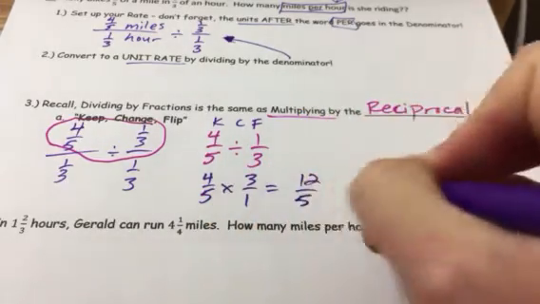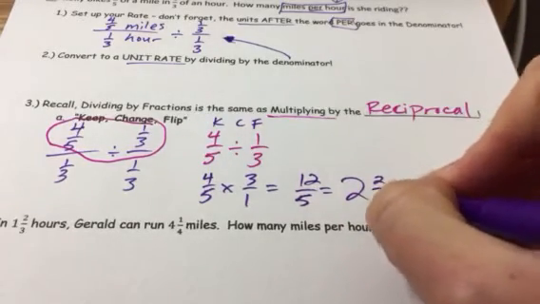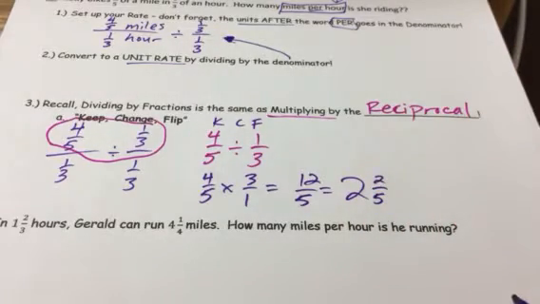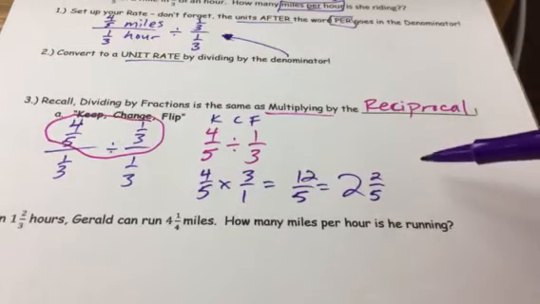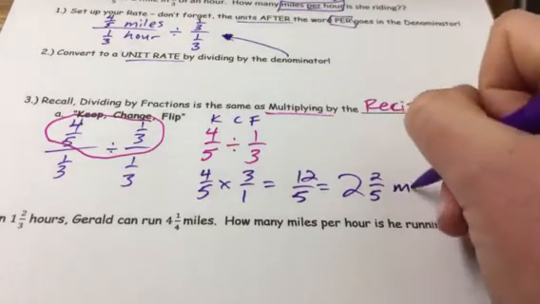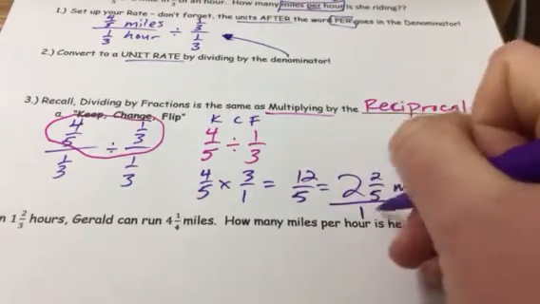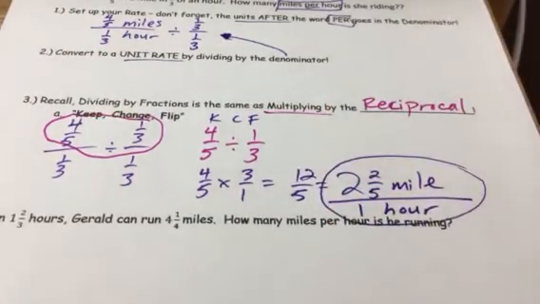I get 12/5. 5 goes into 12 2 whole times, and there's 2 left over, so 2 2/5. What that means is she will be able to ride 2 2/5 of a mile in 1 hour, and that would be our unit rate.